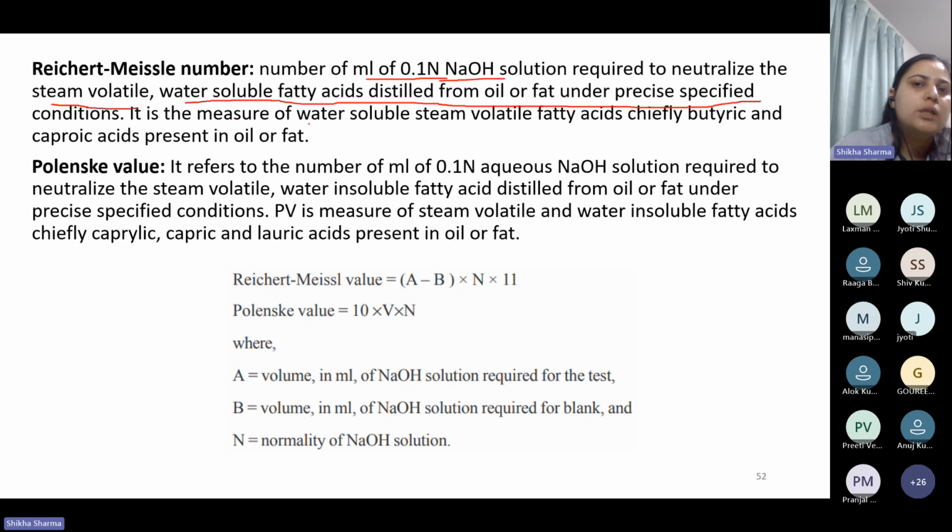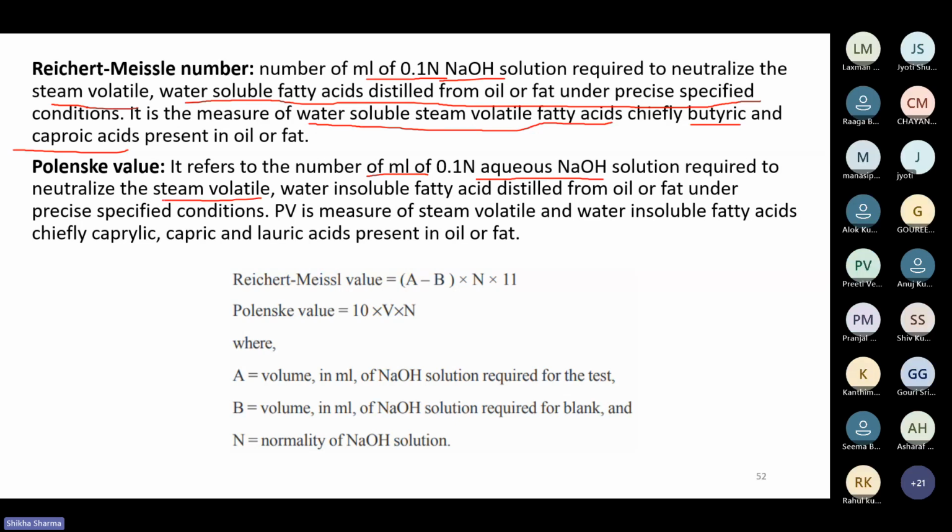So it measures water soluble steam volatile fatty acids, like butyric or caproic acids, which are present in the oil. Polenske value is also the number of ml of 0.1 N NaOH solution required to neutralize the steam volatile water insoluble fatty acids.